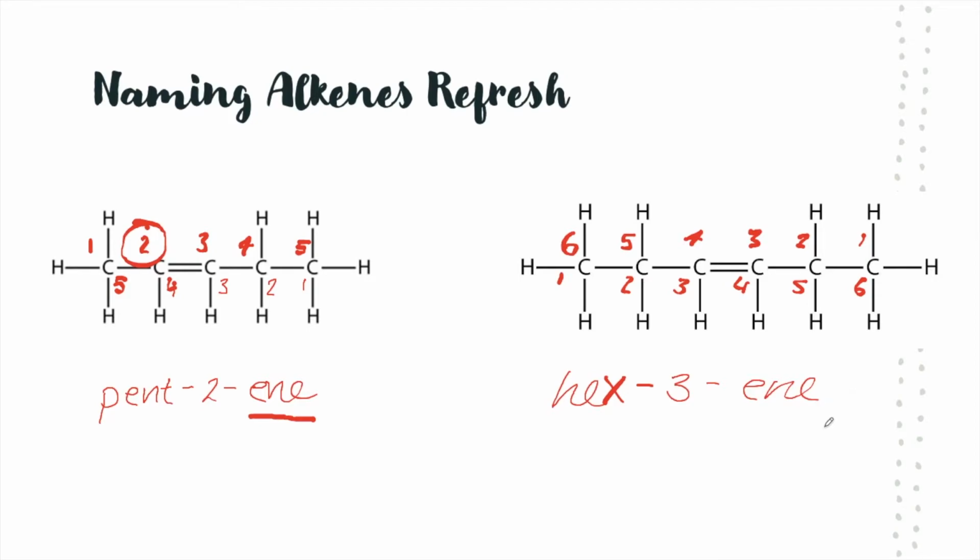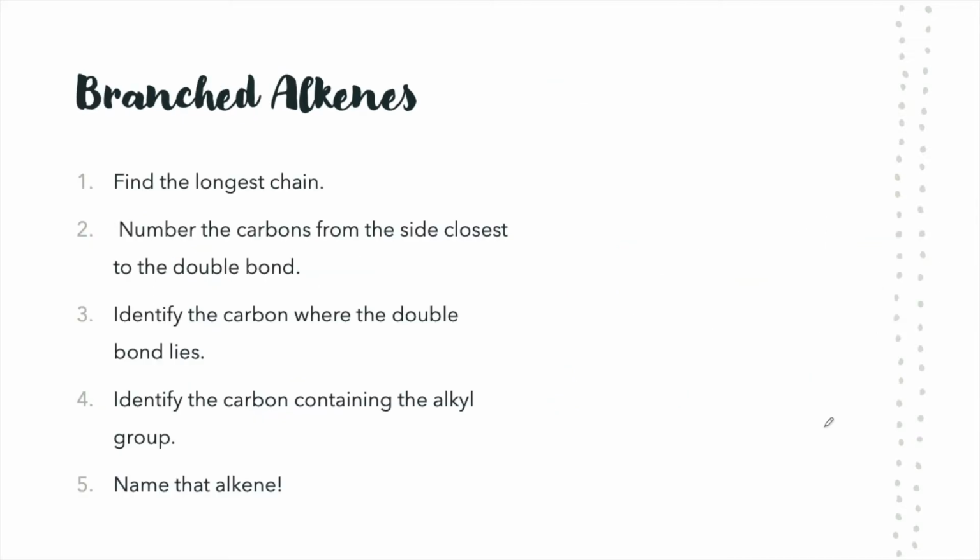Now that we have gone over that, let's shift to looking at alkenes with branches. Similar to our alkanes with branches, the first thing we do is find the longest chain. Now, when alkenes are involved, the longest chain must contain your double bond. So our double bond is here, so let's find the longest chain.